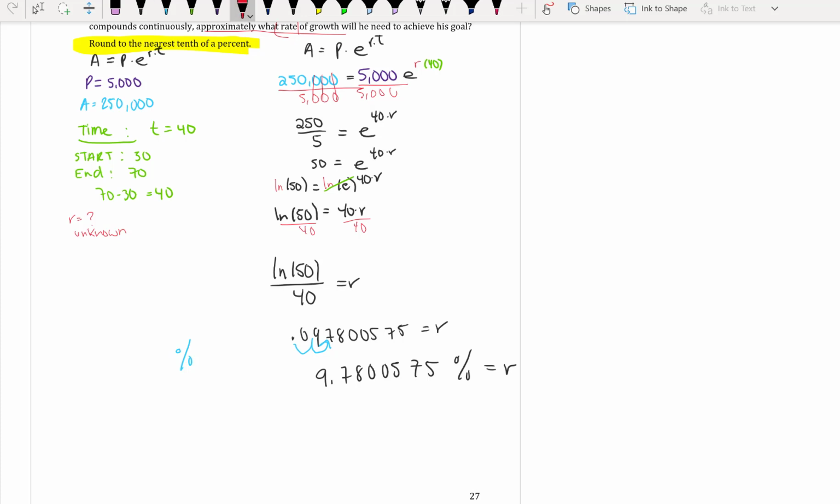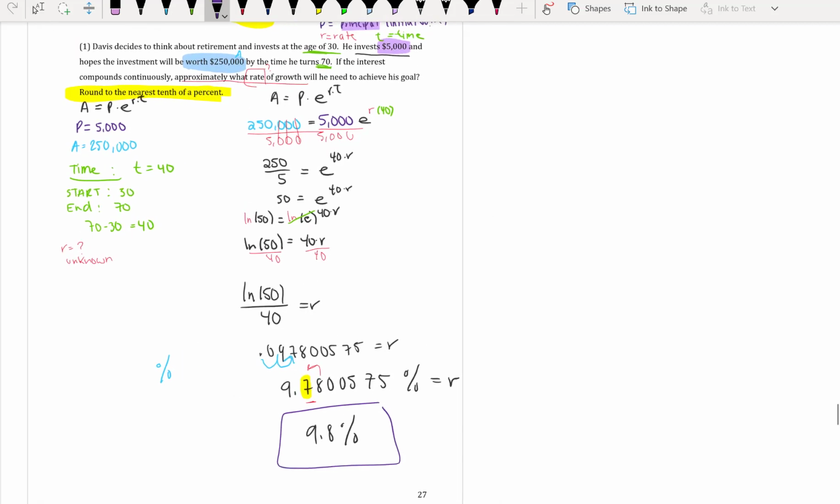But since it said to round to the nearest tenth, that would be here. So that tells my 8 to bump it up. Now I would have 9.8%. So that is the rate that I would need it to be in order to grow that $5,000 into $250,000.